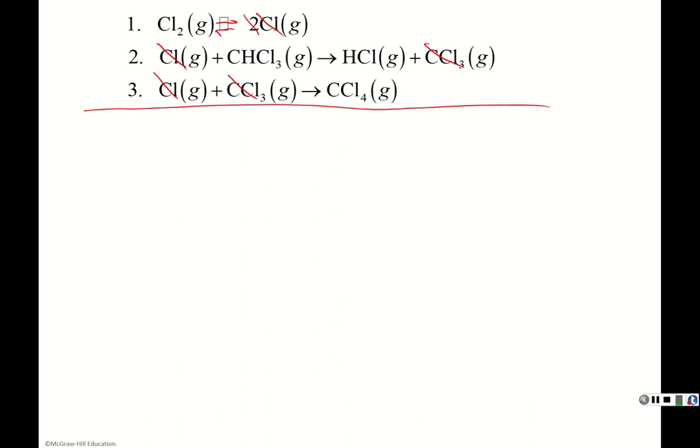So our overall reaction now becomes Cl2 gas plus CHCl3 gas goes to HCl plus CCl4.